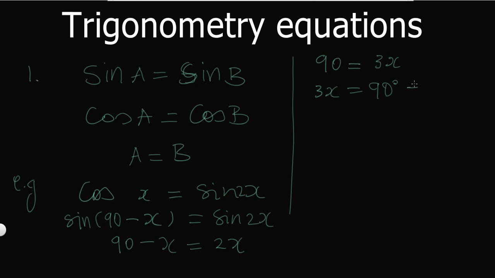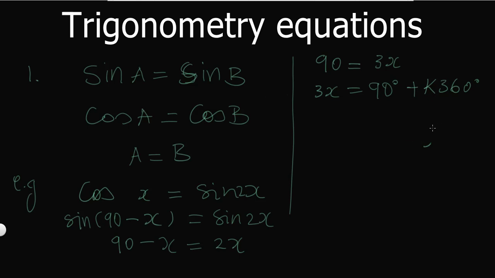In this case, always add k360. What does k360 mean? When k is equal to 0, you have 90 degrees. But when k is equal to 1, it will be 450. So the angle of 450 has the same value as 90 degrees. If k is equal to 2, that will be 720 plus 90 degrees.